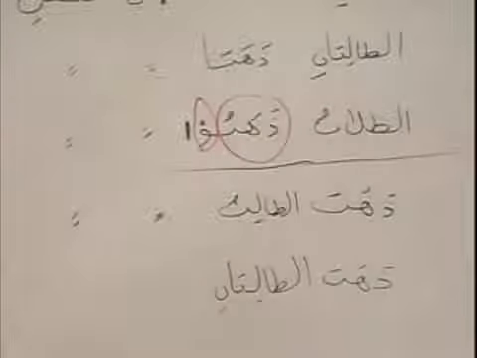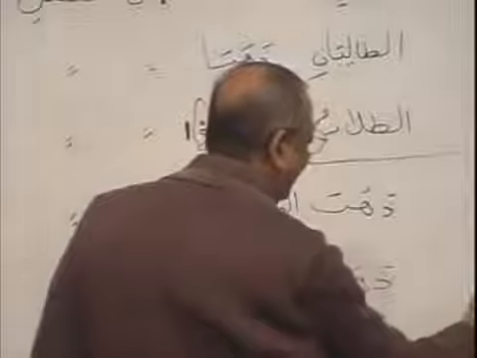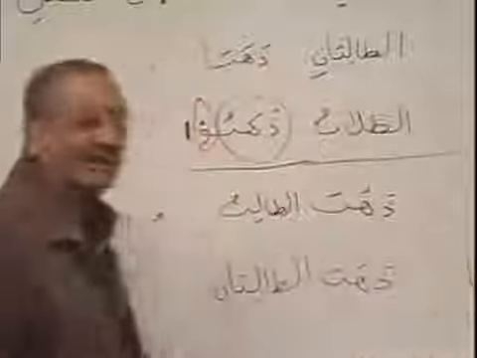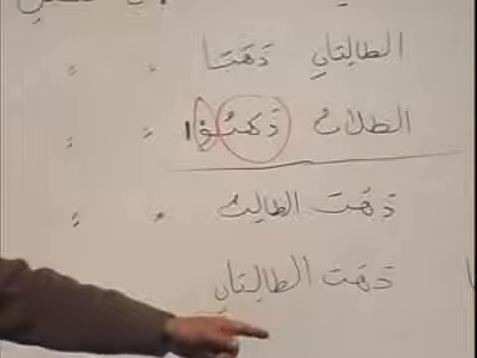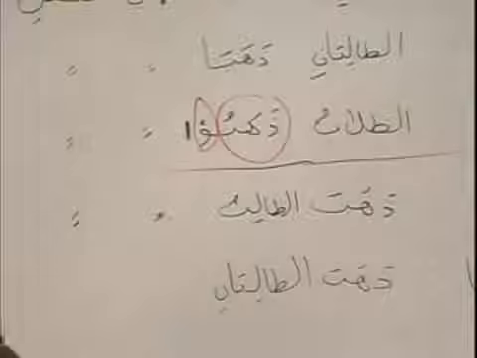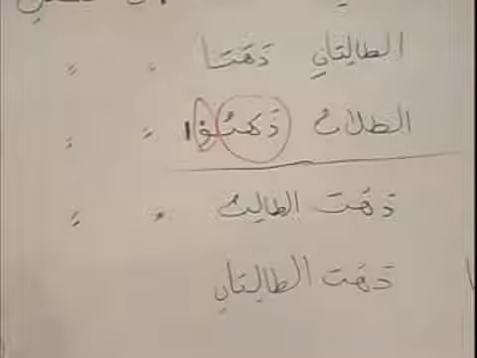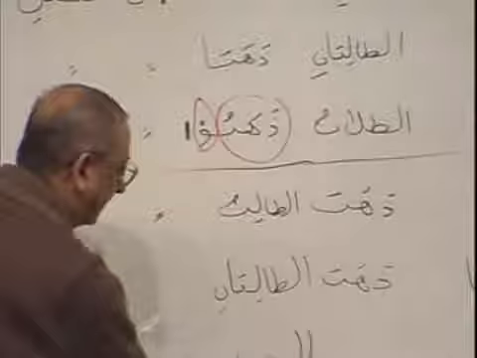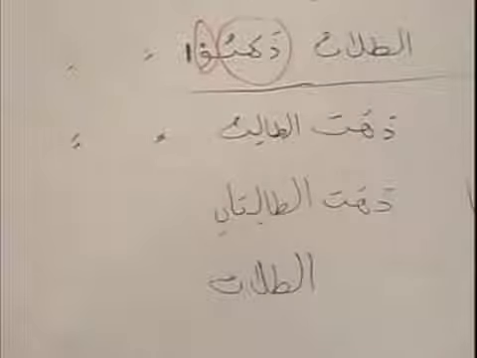What happens if I say zahabu at-talibani? If I say zahaba, then there is a fa'il in the alif, and there is a fa'il here. How can you have two fa'ils? So we have to use a singular verb. Now we say at-tullabu. What kind of verb shall I use? What form of verb? Again zahaba.